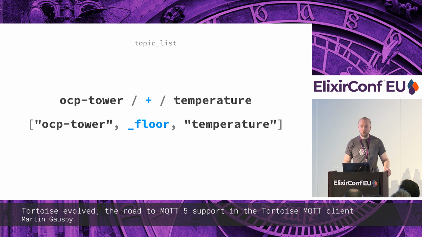Here I just ignore the floor. But when you subscribe to a topic with a topic filter and you receive a message that matches that, you will get the data that was in that position. So here we would be able to say that even though we subscribe on all the floors, when the temperature sensor on the second floor posts to us, we'll get number 2 in that field.